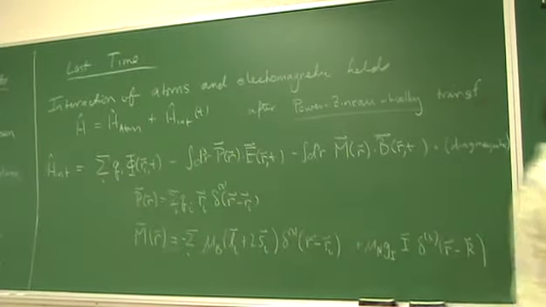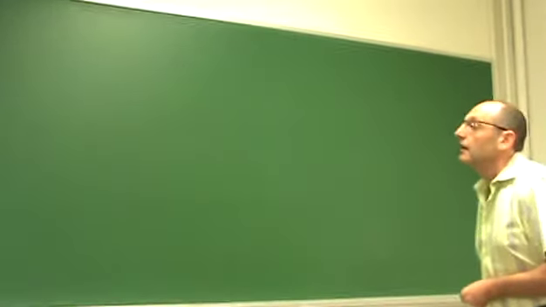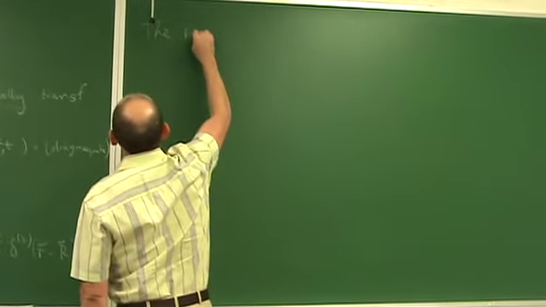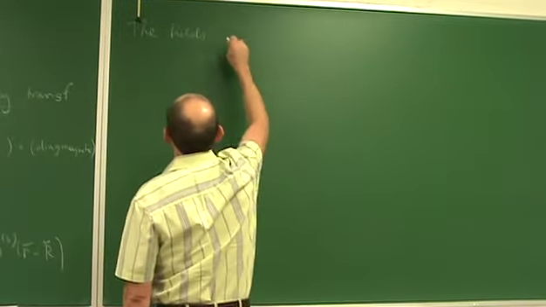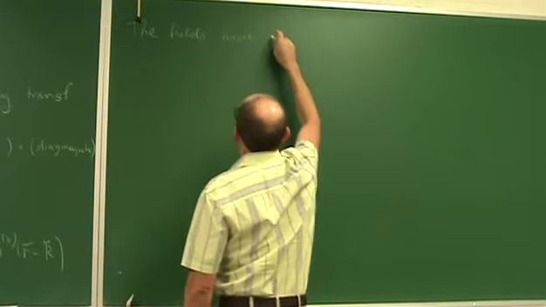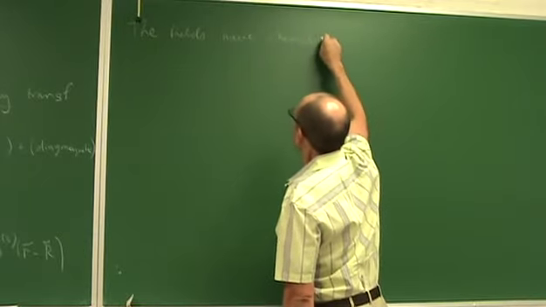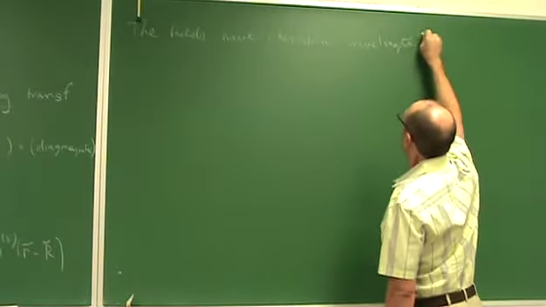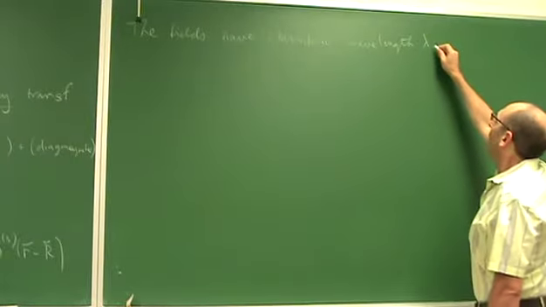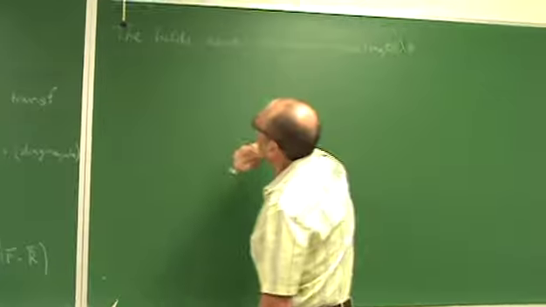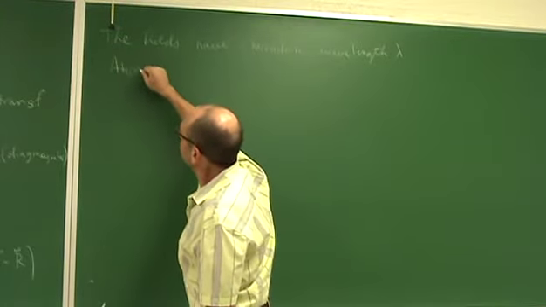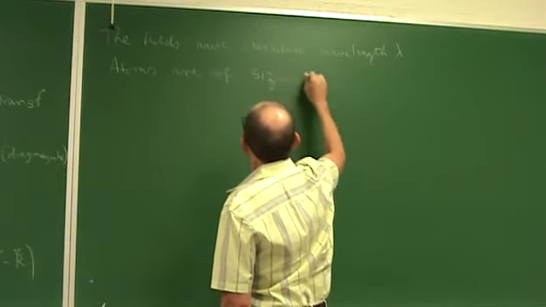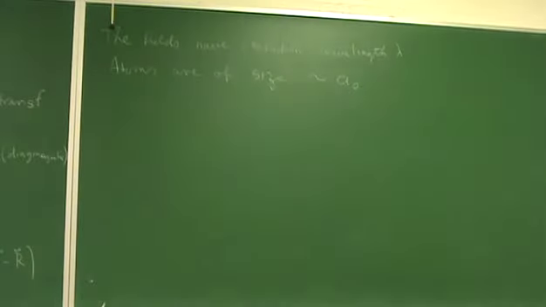We are then considering the situation where the fields have characteristic wavelengths lambda, and our atoms are of size on the order of the Bohr radius.